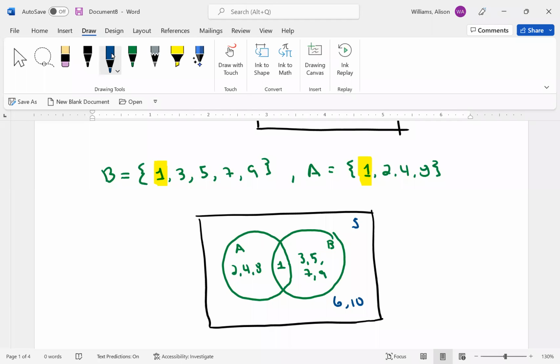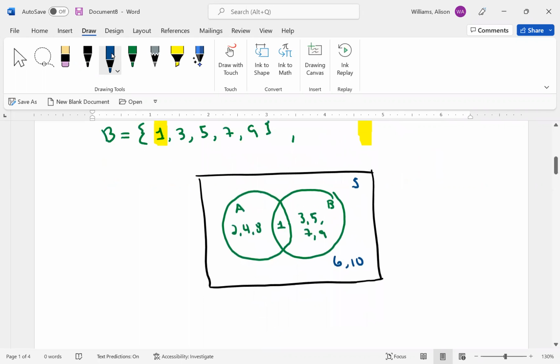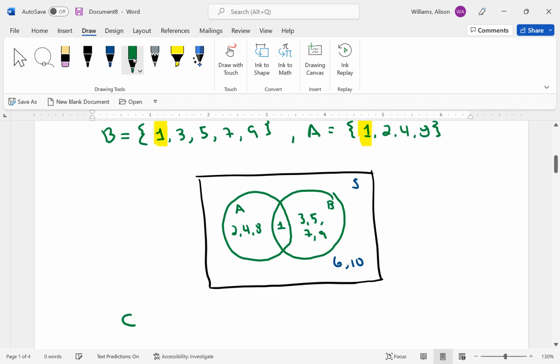Okay, so let's generalize it a little bit more, or actually I want to look at some more specific examples. Let's create the set C now. I'm going to use the same universe, but let's say C is 2, 4, 6, 8, 10. Okay. So C is basically everything B isn't. C is all the even numbers, B is all the odd numbers.